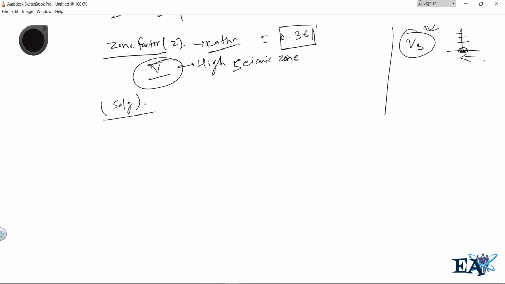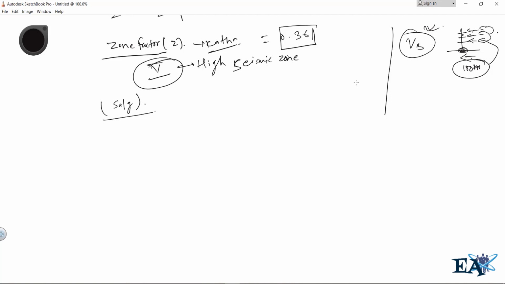Now we distribute this base shear into all the floors. Suppose this load is 100 kilonewton, and there is a formula to distribute this 100 kilonewton in all the floors, and we use that, and only this much load will be applied in this building. There won't be greater or lesser load than this value.